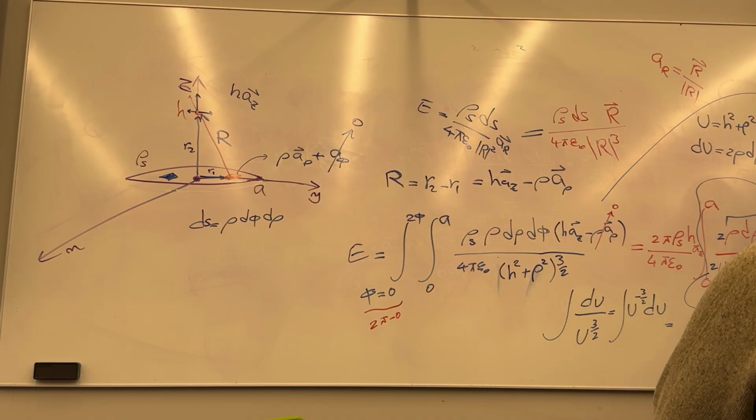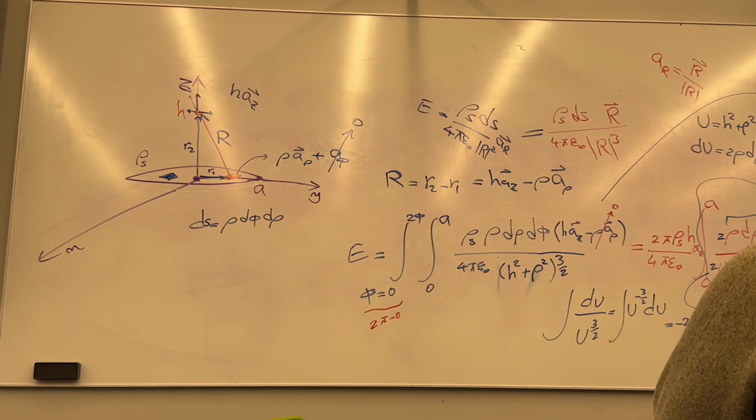The result, I need to add 1, is going to be minus 2u to the power of 1 over 2. Now this is a solution. I return it back, it's going to be minus 2 times h squared plus rho squared to the power of minus 1 over 2 from 0 to a.